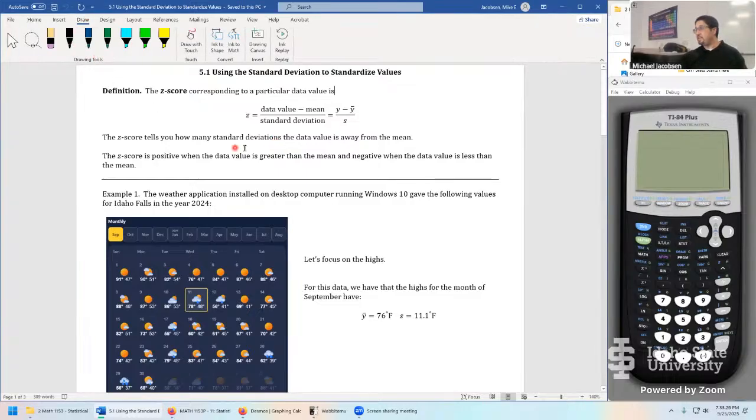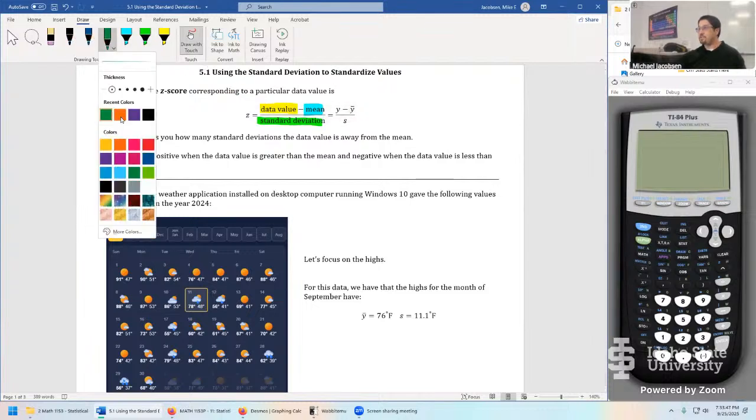So the way it's computed is we take whatever data value the problem is concerned with. I'll usually highlight that in yellow on these notes. We subtract off whatever the mean is. That'll be blue in the notes. And then we divide by the standard deviation. That means the z-score automatically has units.